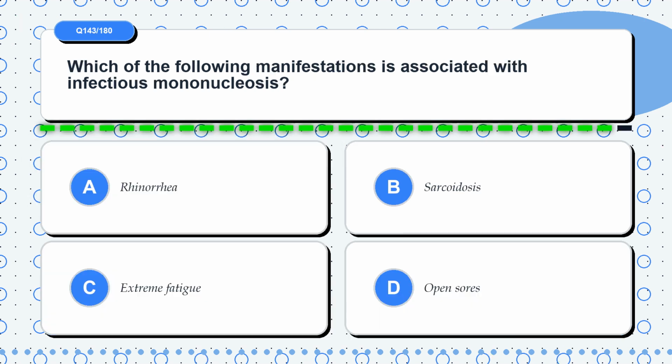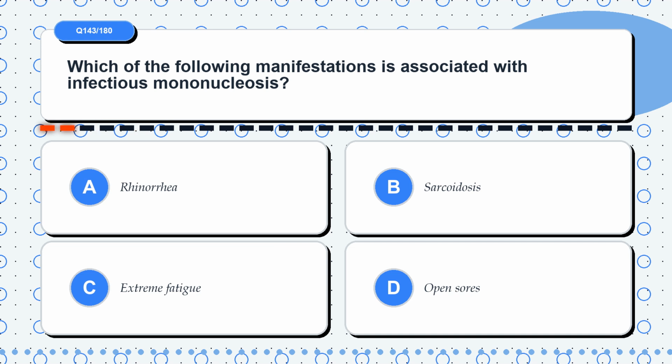Question 843. Which of the following manifestations is associated with infectious mononucleosis? Here are the options. Option A. Rhinorrhea. Option B. Sarcoidosis. Option C. Extreme fatigue.